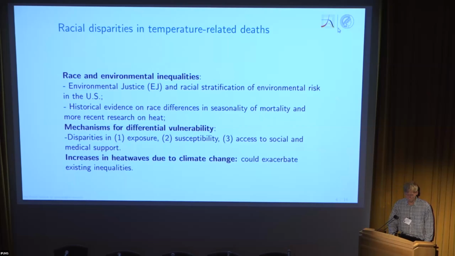And looking at temperatures, there has been some historical evidence on racial differences in the seasonality of mortality, both in the 19th and 18th century. There has also been some recent research looking at exposure to heat, but this has been mostly focused on single cities or counties, and not on the whole United States.